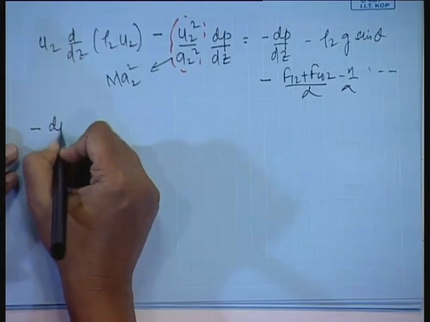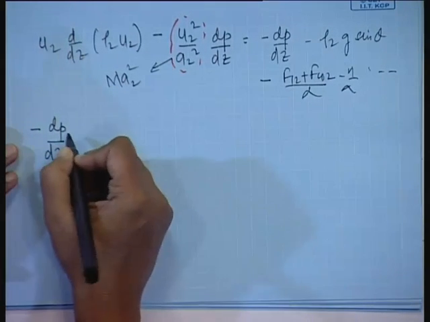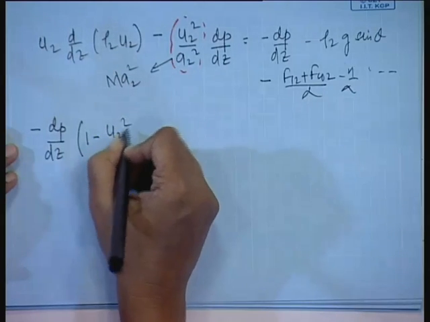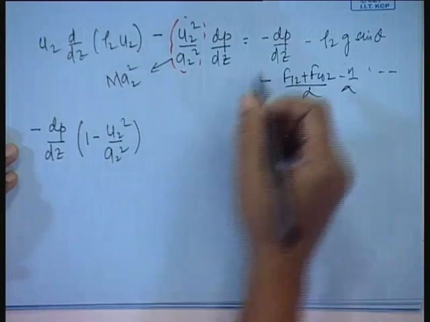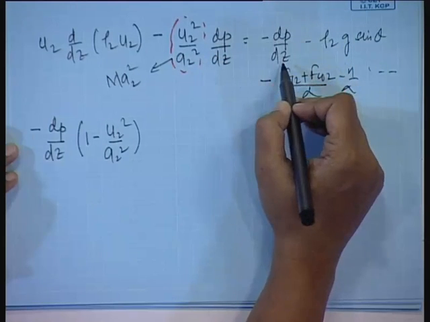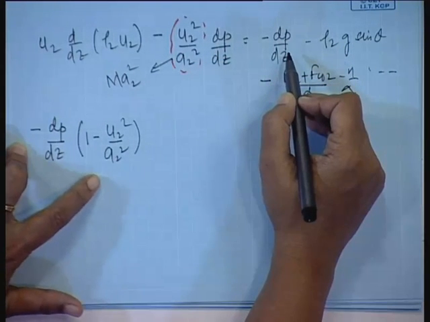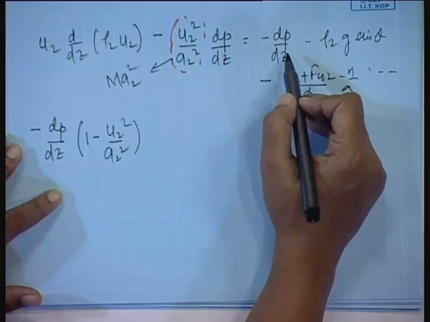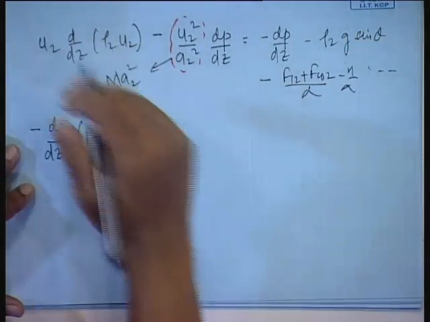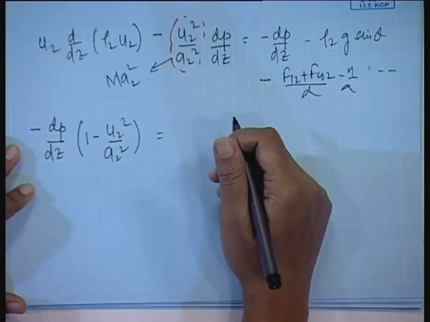Just check the signs, maybe I might make some mistakes. So, just see whether I am writing it correctly or not. What I have done, I have taken this dp dz this side. So, I get minus dp dz into 1 minus u2 square by a2 square, correct, and this is equal to what? I will bring all the other terms on the right hand side.